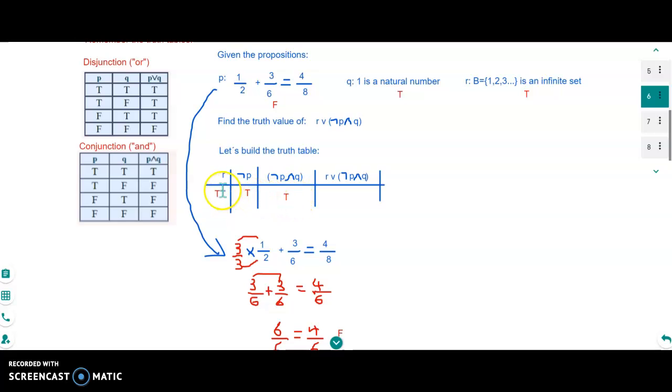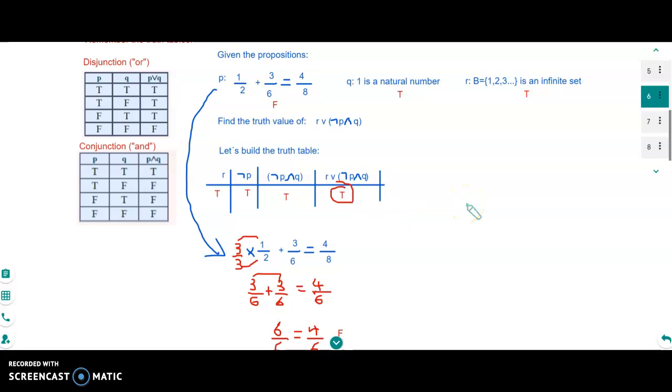So we compare this R with this expression that is true. So true or true, because we're looking at the disjunction, true or true will be true. So our final answer is true. This is our final answer, okay, guys?